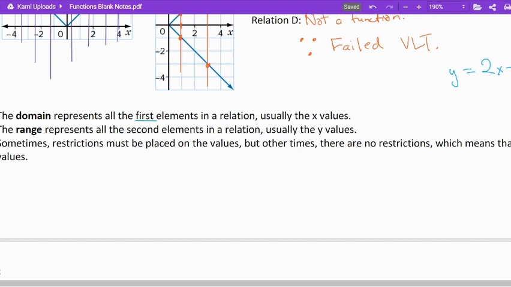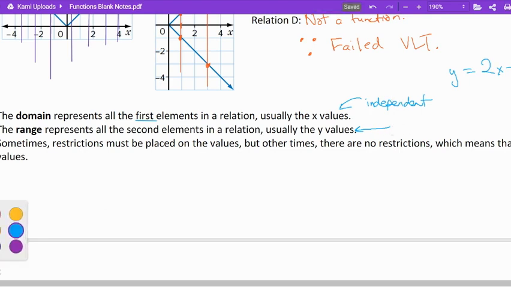Well, as we remember, when I draw a graph, the independent variable is most of the time the horizontal axis. And that means that x values are the independent ones. These are the values that we put into the function machine. And what comes out of the function machine? What is the output? It is the range.